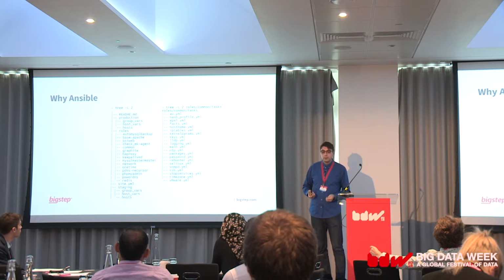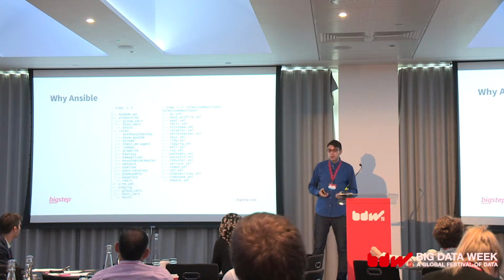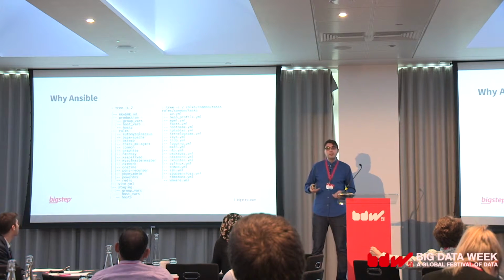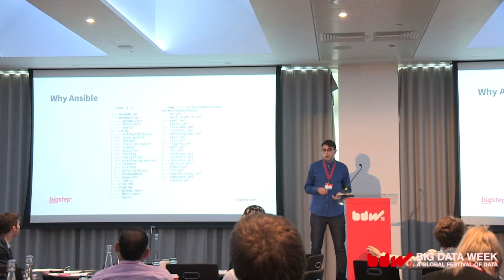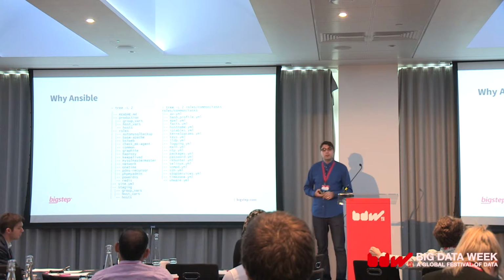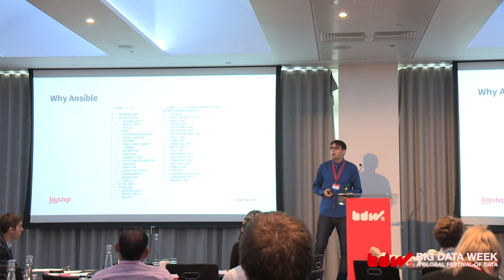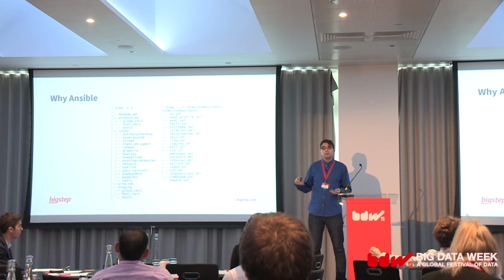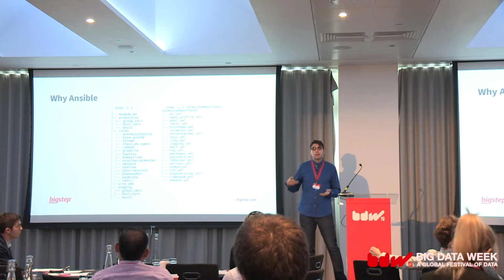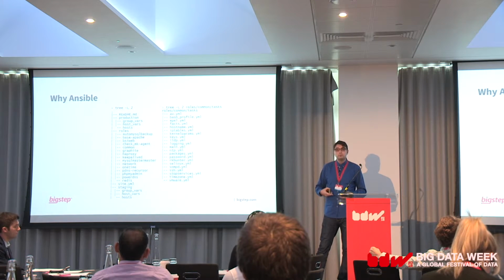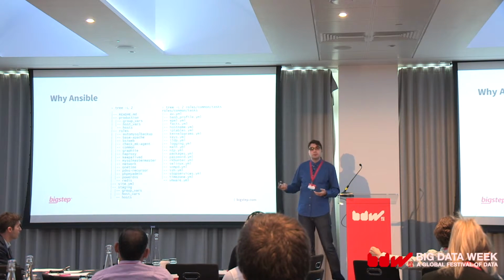So the first version, we had a Git repository that had multiple roles, about 15, and one big role, we called it the common role, that could configure all the things on multiple operating systems. That common role works on CentOS and Debian-based distributions as well.